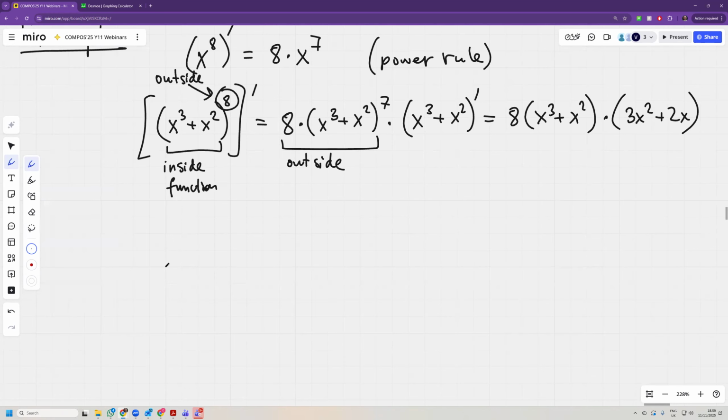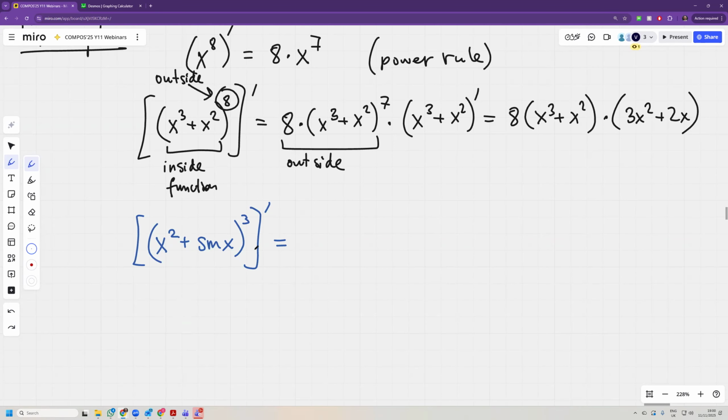Okay, another example. The derivative of x squared plus sine x, all to the power 3. What you do is you forget that this is something cubed. It's like g cubed.